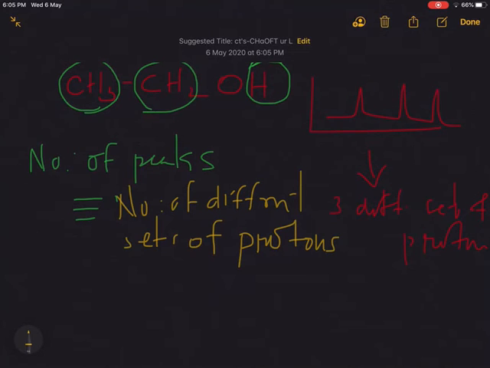Number of peaks in the NMR spectra. Here there are 3 peaks. 1, 2, 3. 3 peaks means the sample contains 3 different sets of protons. So in ethanol, CH3 is a particular set of protons that is different from CH2 in the NMR spectra. Again, the OH proton is different in the NMR spectra. Therefore, the sample contains 3 different sets of protons, and therefore we can expect 3 peaks in the NMR spectra of ethanol.